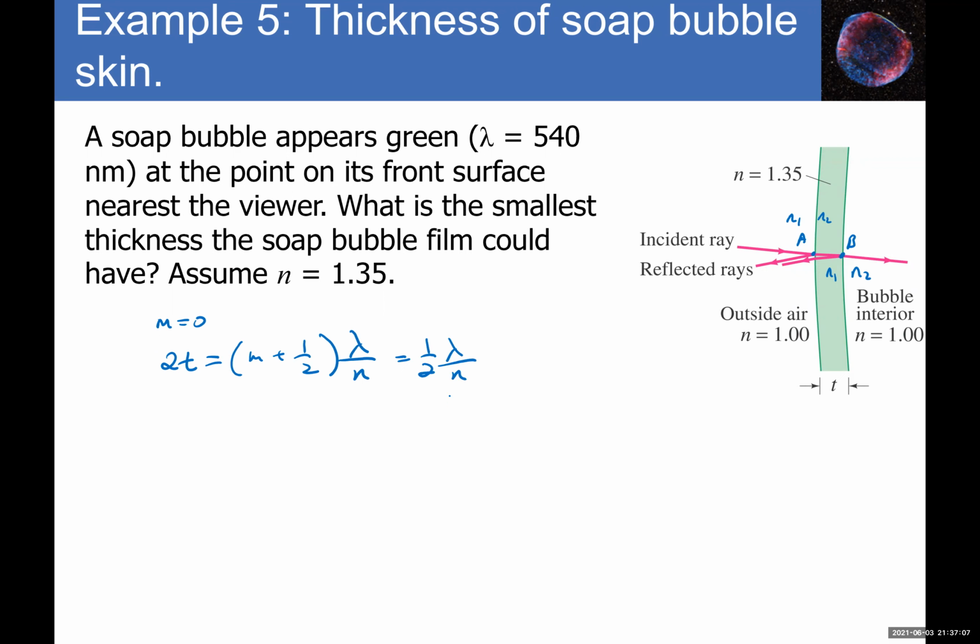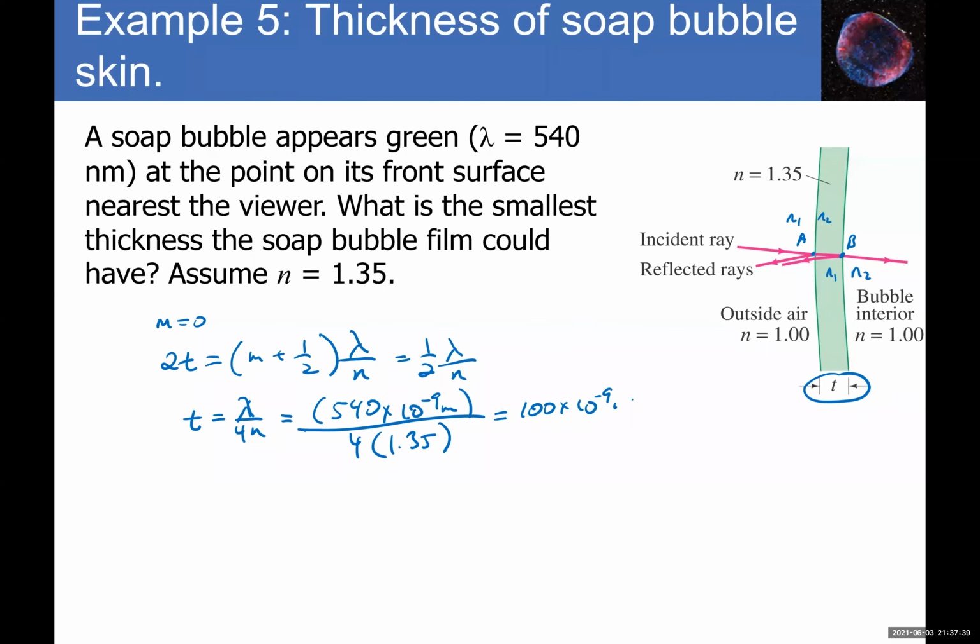Solving for t, t equals wavelength over 4 times n. The wavelength is 540 times 10 to the negative 9 meters, divided by 4 times the index of refraction of the bubble, 1.35. We calculate that and get 100 times 10 to the negative 9 meters, or 100 nanometers.